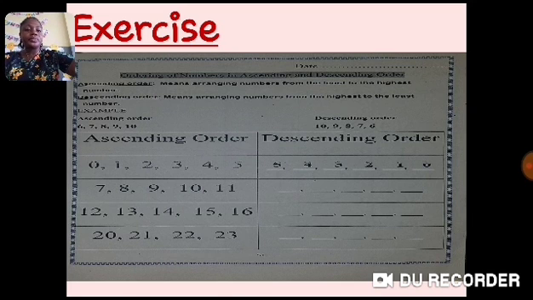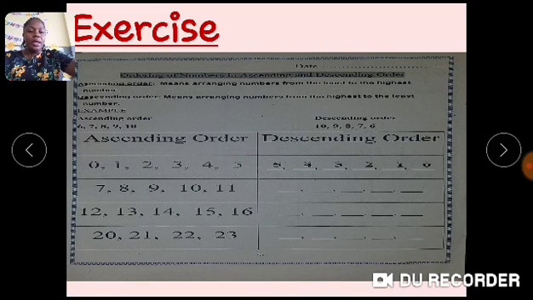So these are written in ascending order. So you are going to write these numbers in descending order. So the first one, we have 0, 1, 2, 3, 4, 5.